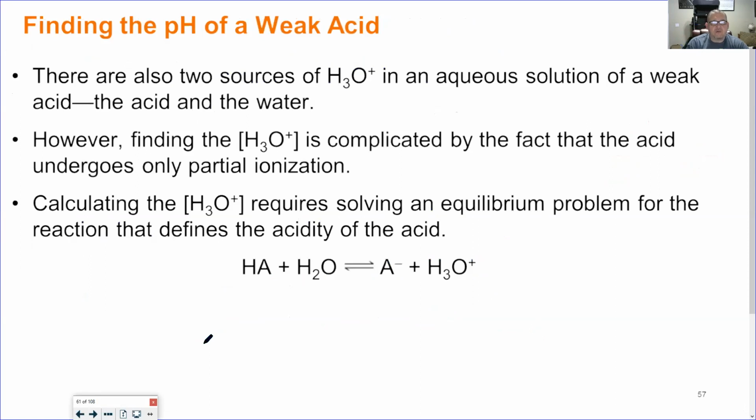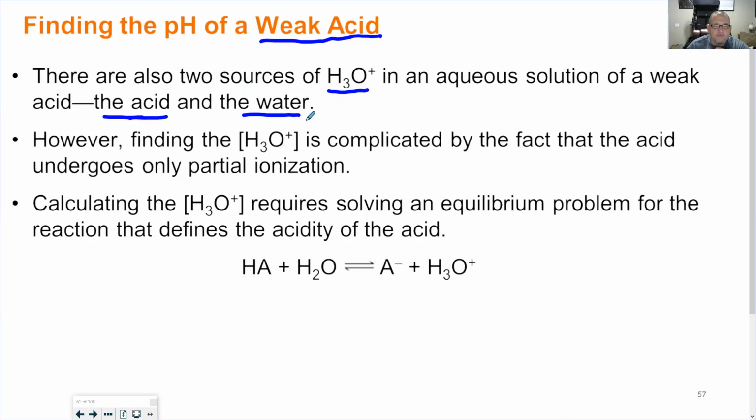All right, so what happens if we have a weak acid in the system? And how do we have to deal with it? So if we have the weak acid in water, the sources for the hydronium ion become the ionization of the weak acid and the autopyrolysis of water.